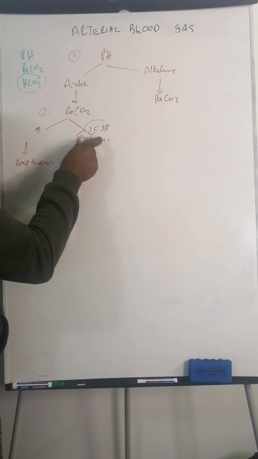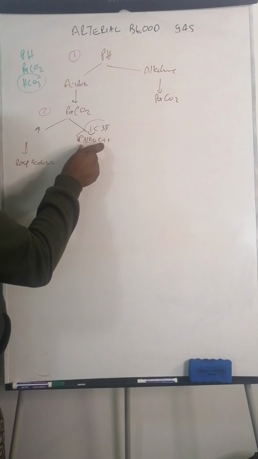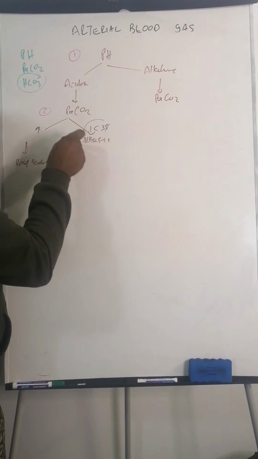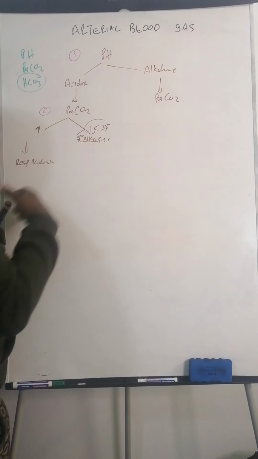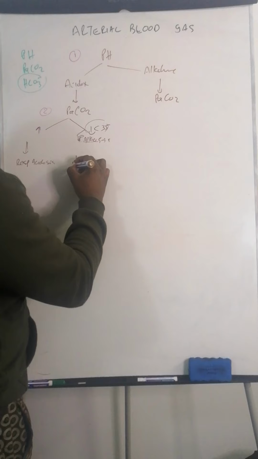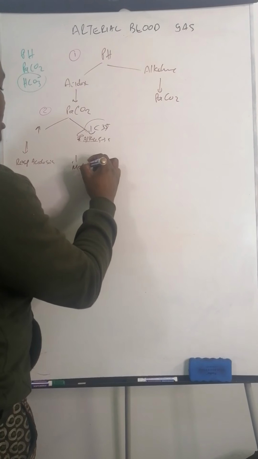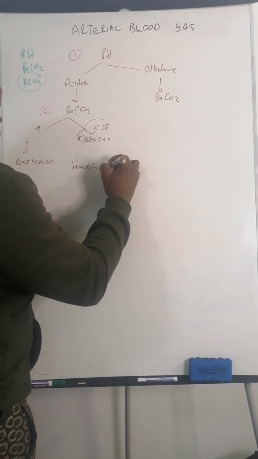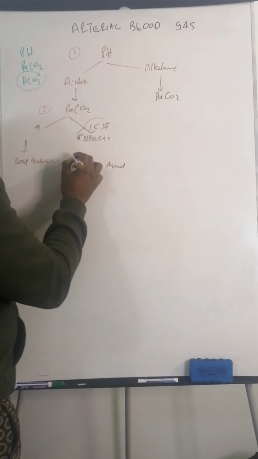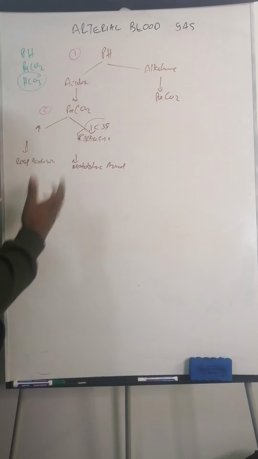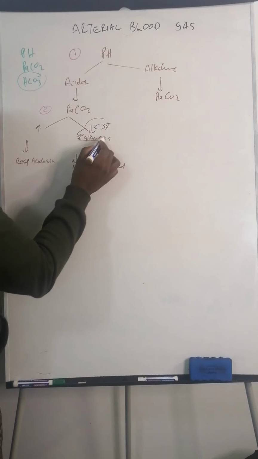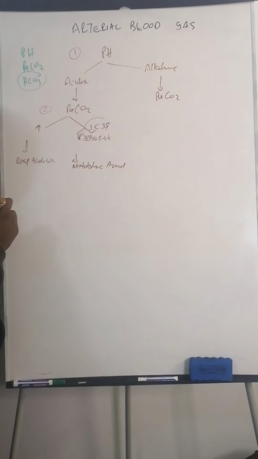So the initial insult in this patient is acidosis, which is metabolic acidosis. So the diagnosis here is metabolic acidosis, because we know that you cannot have an acidotic pH if the primary problem is alkalosis.